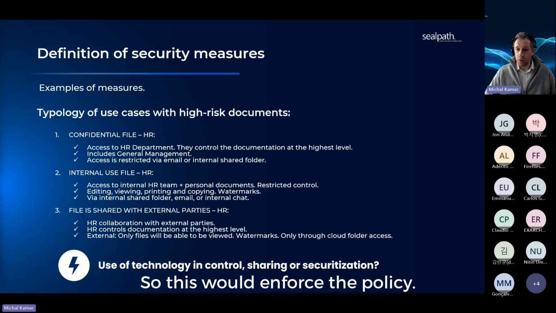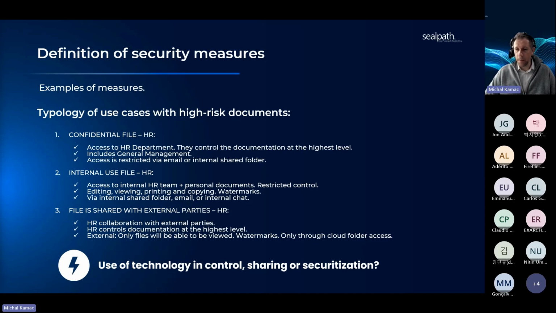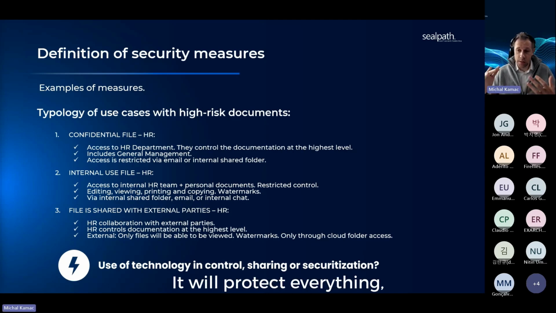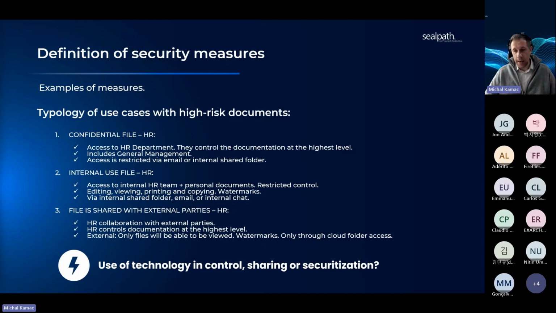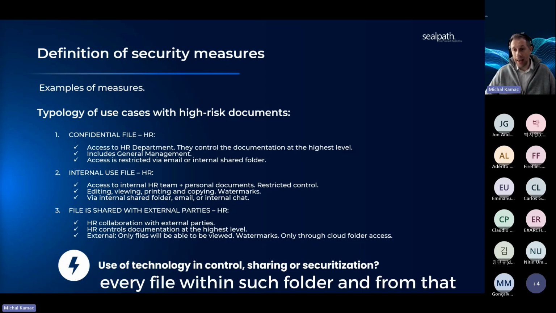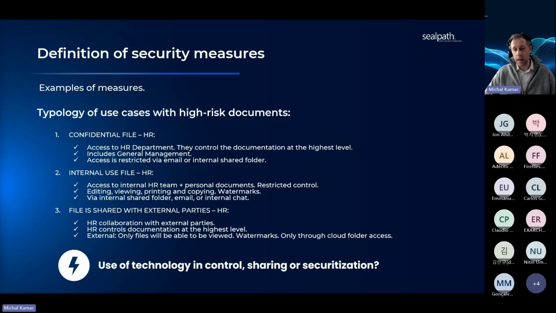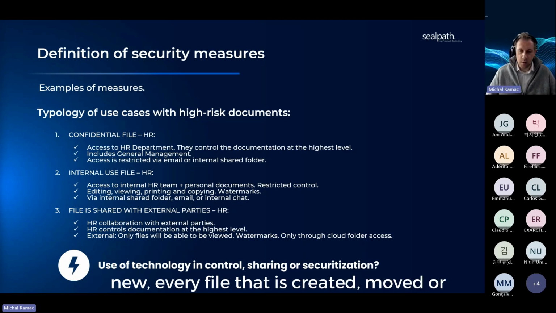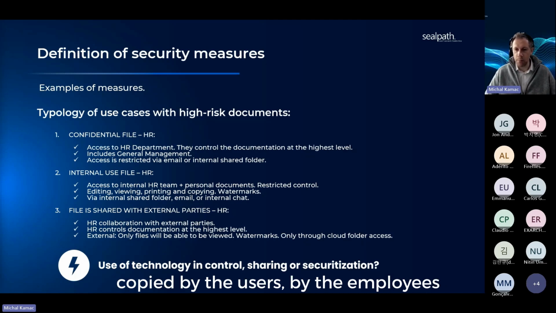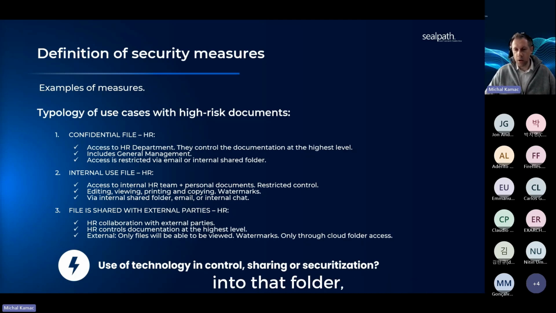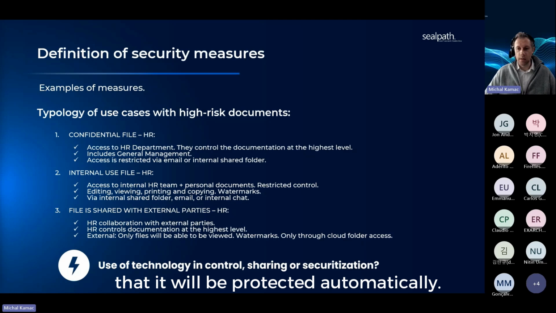So this would enforce the policy, okay? The way it works is that as the first step, it will protect every file within such folder, and from that moment on, it will activate a watcher to make sure that every file that is created, moved, or copied by the employees into that folder will be protected automatically.